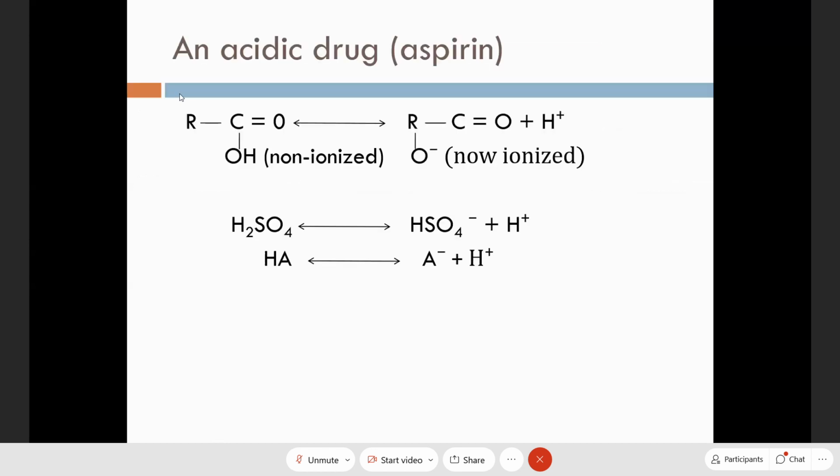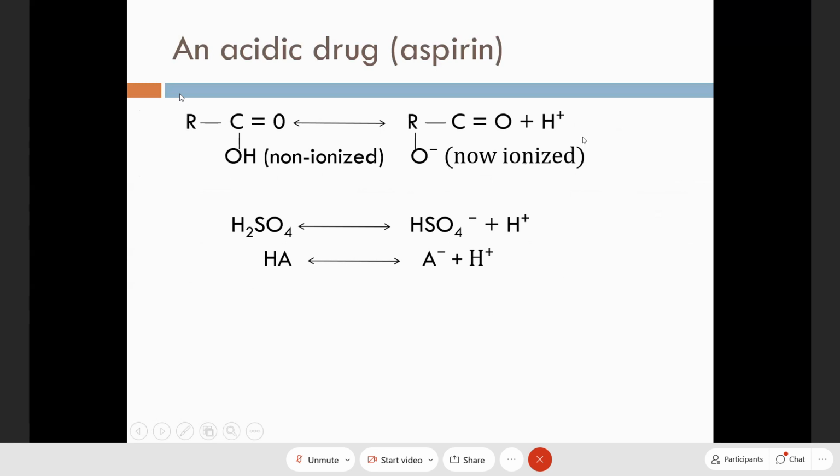Again, I'm repeating so that you understand better. An acidic drug, again, aspirin. This is the molecular structure. This is the non-ionized form, and this is the ionized form. With the non-ionized form, you have the OH group.